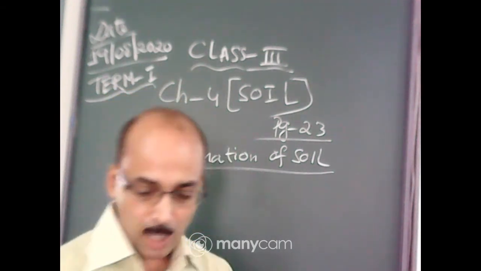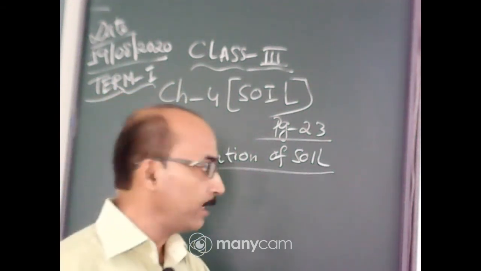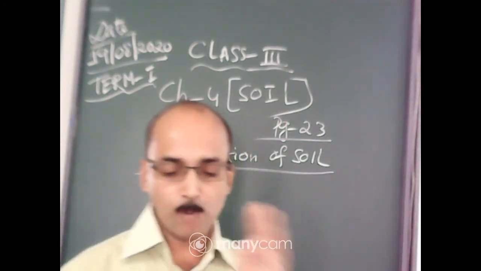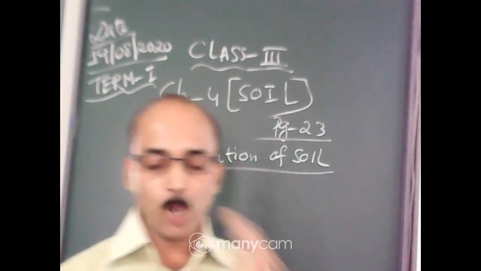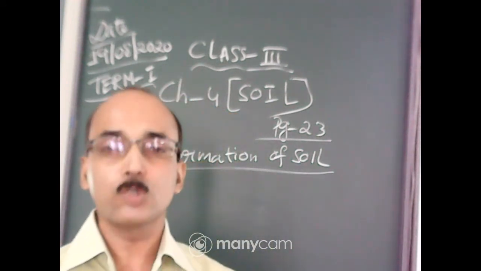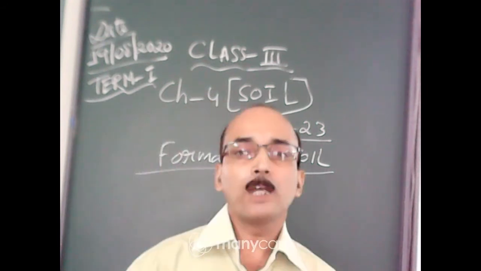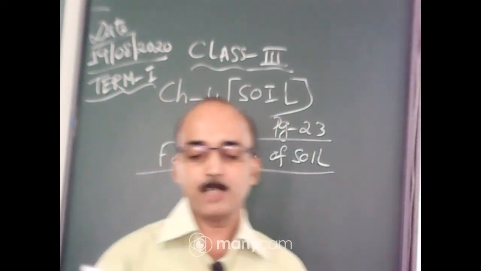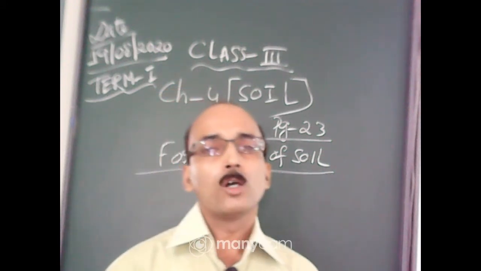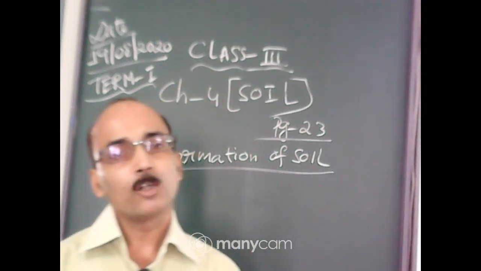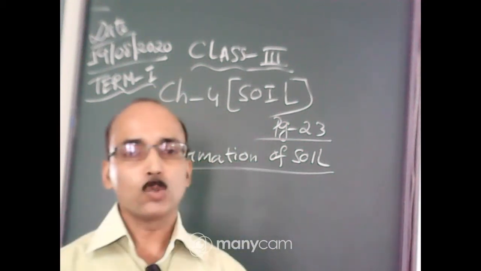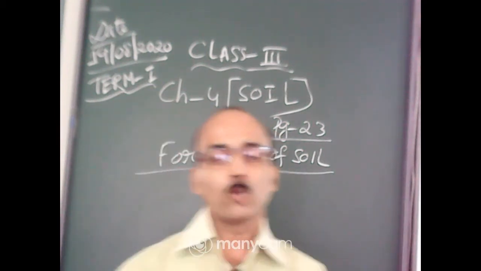Okay. Now, I am continuing from there. We are talking about the formation of soil. Point number 1: soil is formed by the breakdown of rocks into tiny pieces. Point number 2: rocks are heated by the sun and cooled by the cold weather. The sun is heating the rocks and the cold weather is giving a cooling effect.